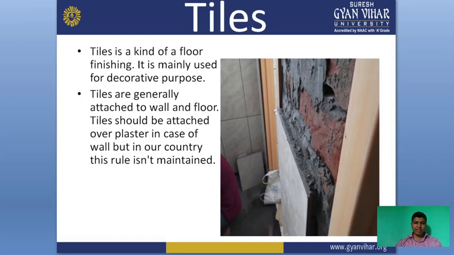Tiles are generally attached to wall and floor. Tile should be attached over plaster in the case of a wall, but in our country this rule is not maintained. It means tile is used for good decorative purposes. It is also attractive and gives a good appearance.